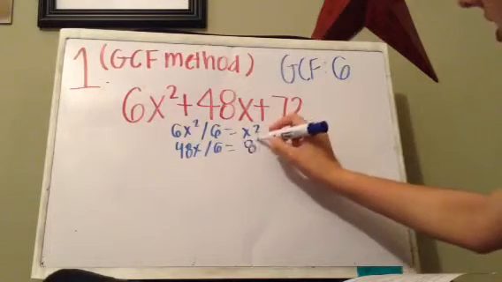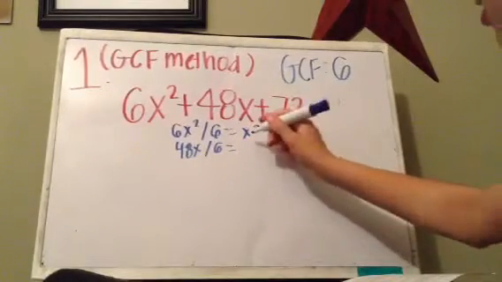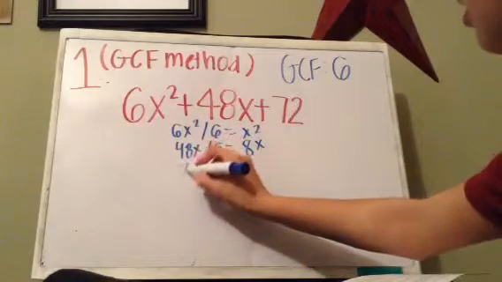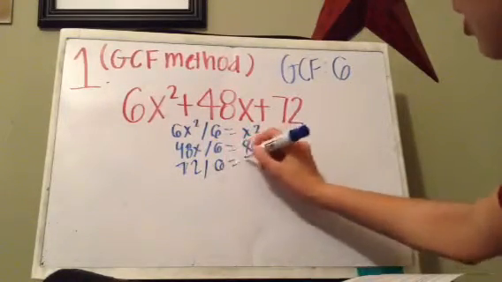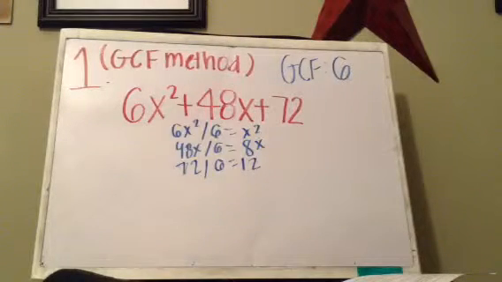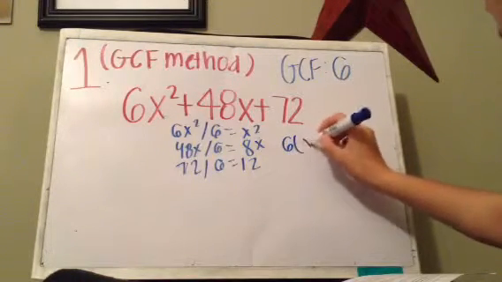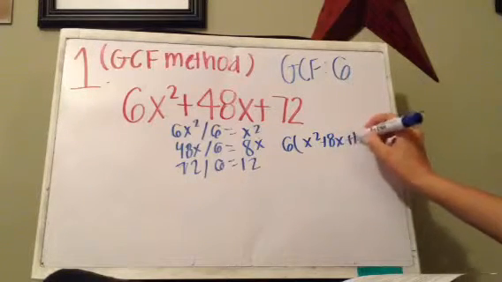And then 72 divided by 6, which equals 12. And I'm then going to simplify my expression. So I'll get 6x squared plus 8x plus 12.